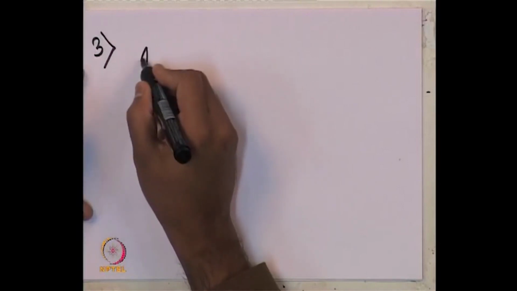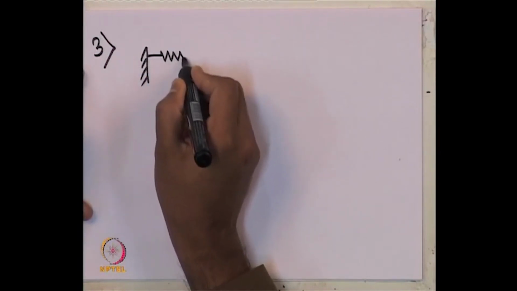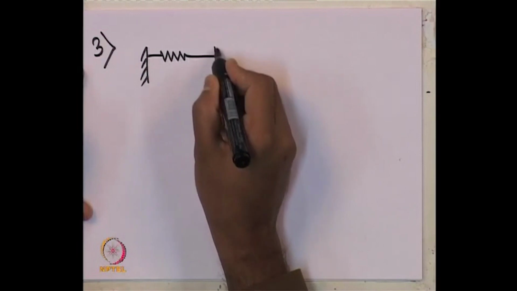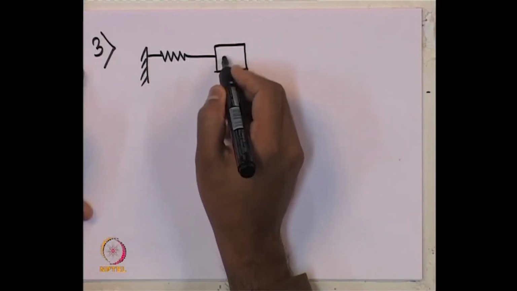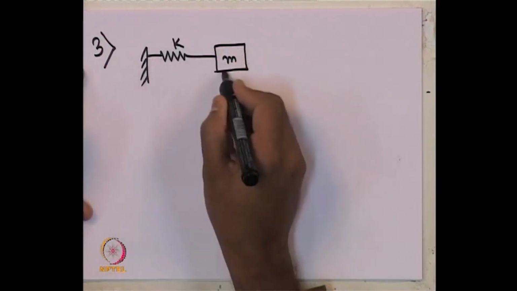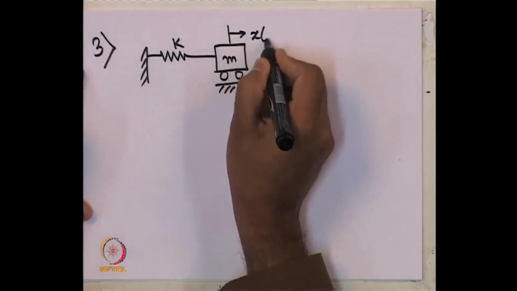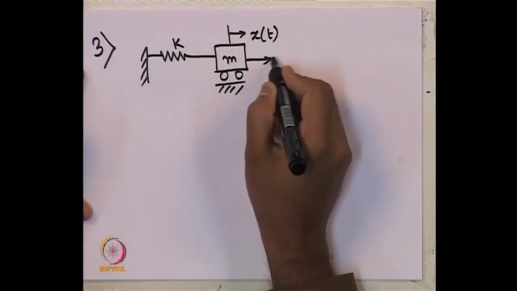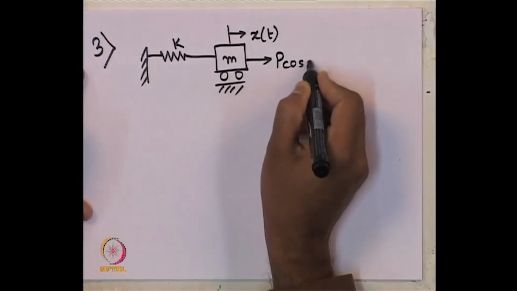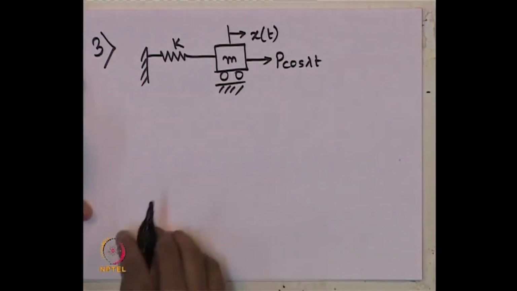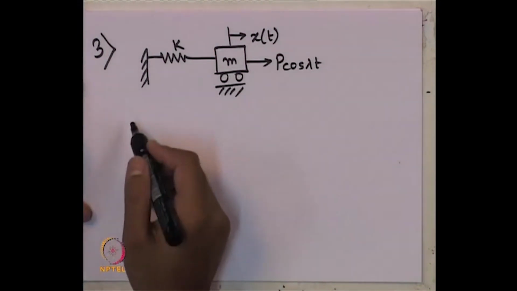So, the single degree of freedom model undamped system we are drawing now. M, K, this is our x of t, it is subjected to a forced vibration with p cosine lambda t. So, that is the basic single degree of freedom model given to us.